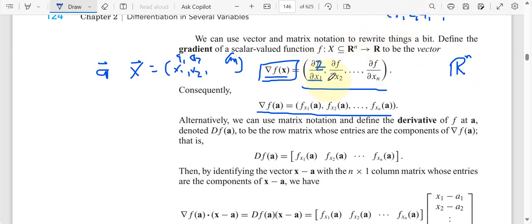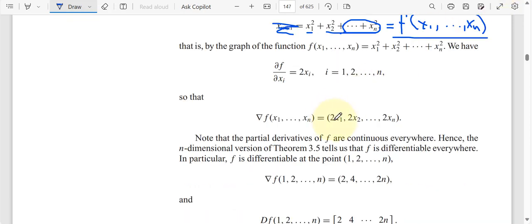So now we have all of them, so we can just dump them in here, and that's going to be our gradient. So let's do that. It's 2x1, comma, 2x2, all the way up to 2xn. And that is called the gradient of this function. We call this function f, or I guess we can call it z, and that is the gradient of, let's say, f.